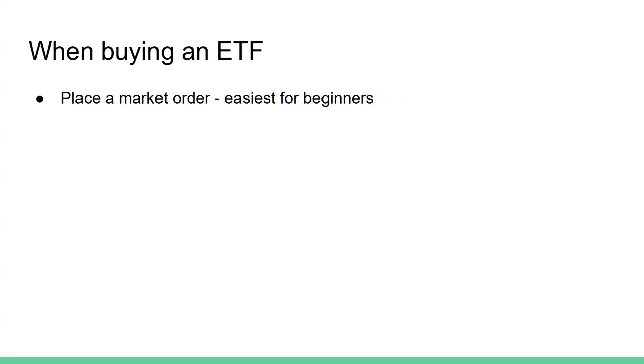And you can set it so, for example, in a limit order, you set a maximum price you're willing to pay or the minimum you're willing to sell for. And the order only executes if the market reaches that price. So, for starters, you probably just want to place a market order, because for ETFs, we're not looking at waiting for a certain price before we buy our ETF.